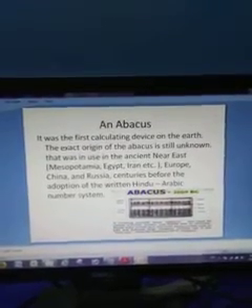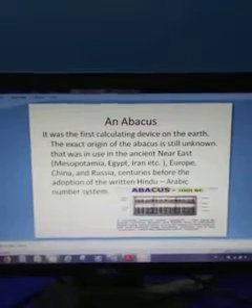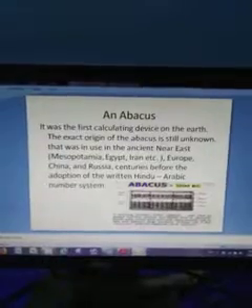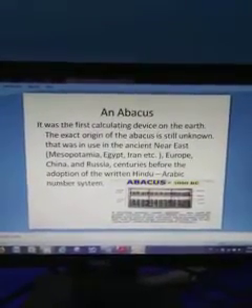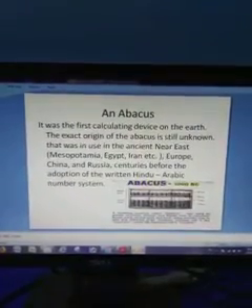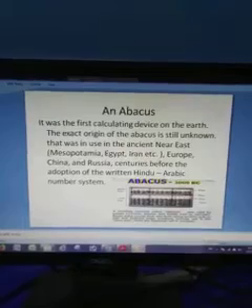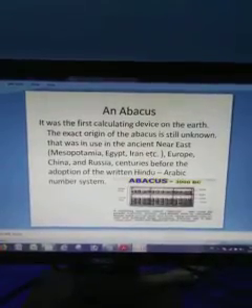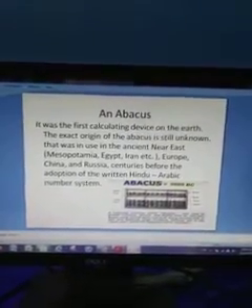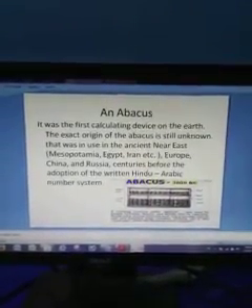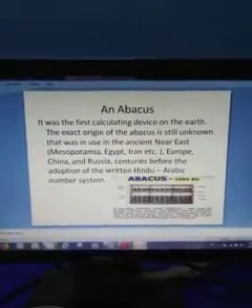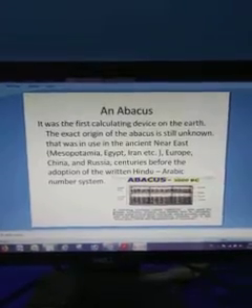The exact origin of the abacus is still unknown because somewhere in the ancient northeast of the world, that's Mesopotamia, Egypt, Iran, some European countries, and China and Russia were using this device, so it is very difficult to identify where this device originated.